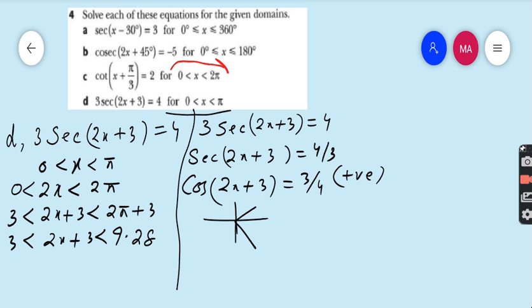So first we have to find the value in the first quadrant. 2x plus 3 is equal to cos inverse 3 upon 4. What is cos inverse 3 upon 4? Your calculator must be in radian mode.